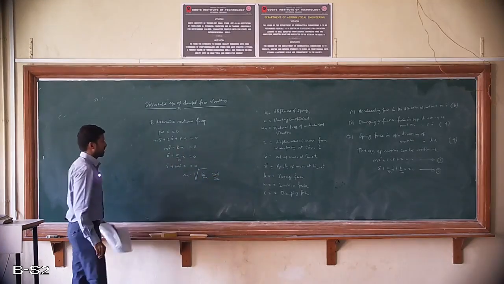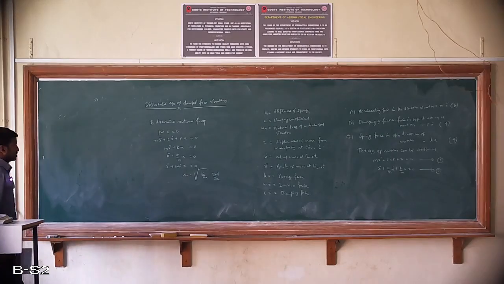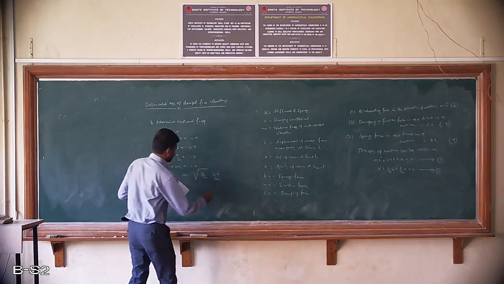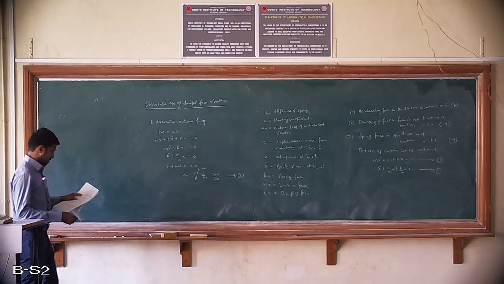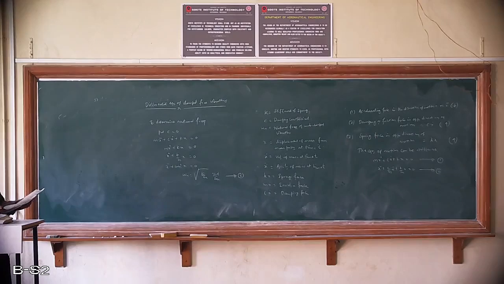The value of omega n is given by omega n is equal to square root of k by m radian per second, and I will call this as equation number 3.